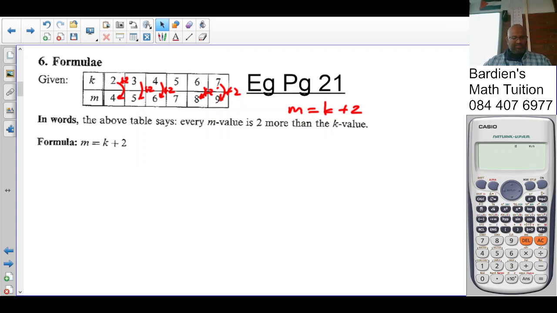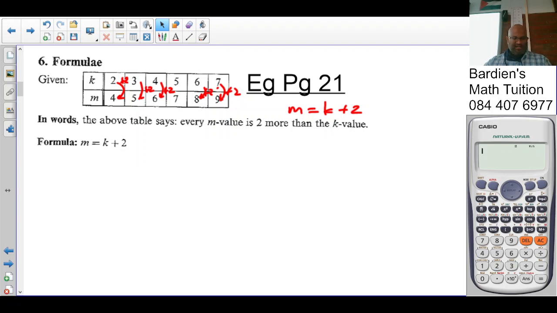So let's look at the next example. So what we're going to now look at is the formula of the following.